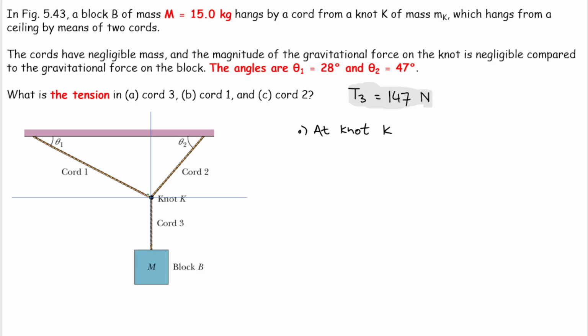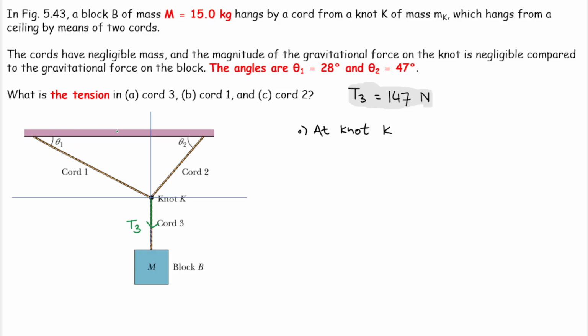Because we have the mass M here. So this is T3 going down. But then it has some angle here, which is theta 1.